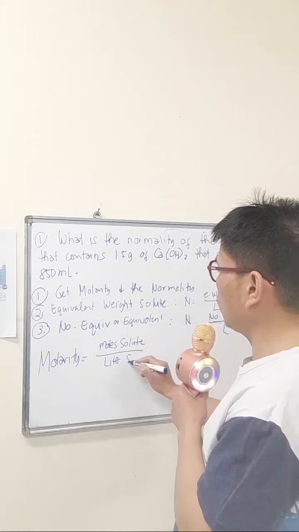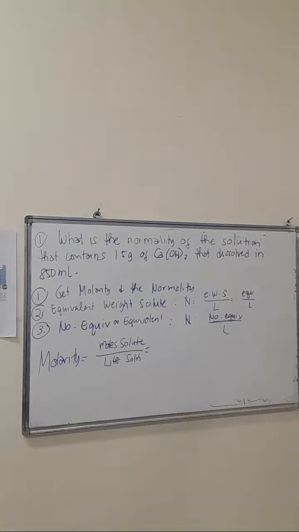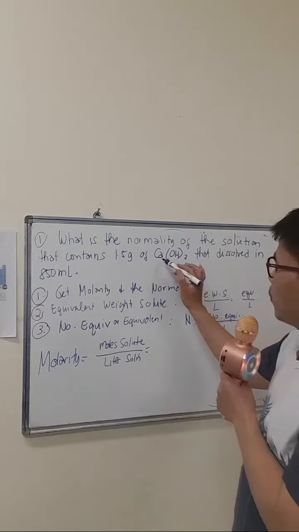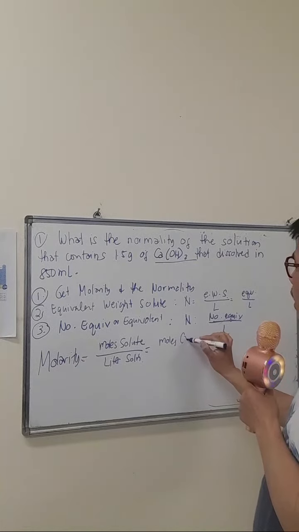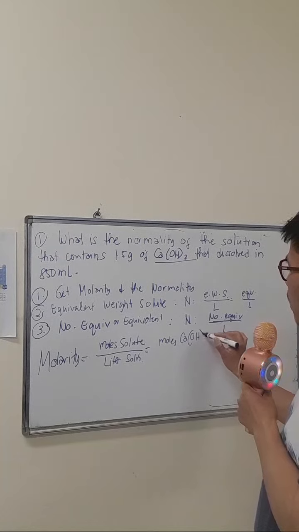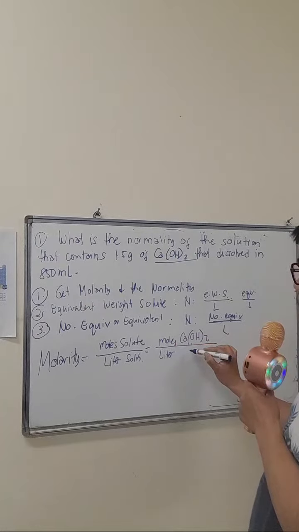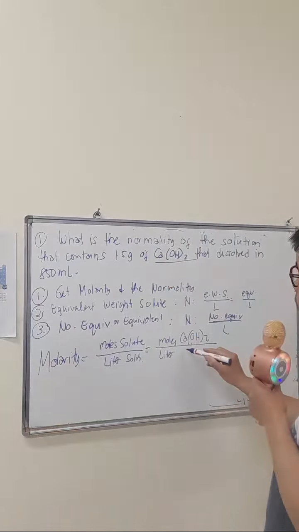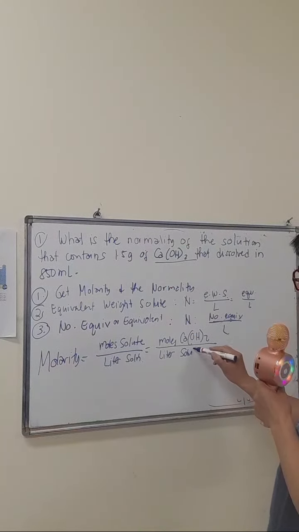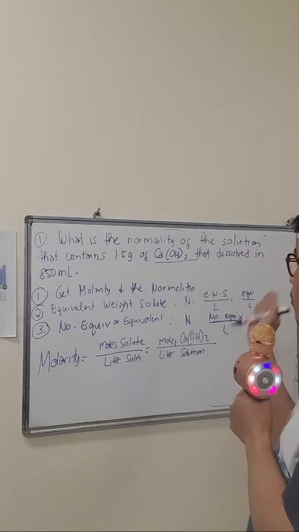Our solute here is, of course, calcium hydroxide, so it's going to be moles of calcium hydroxide over liters of solution, meaning calcium hydroxide plus water. But I just have to put solution because it's understood. Now, identify in the data what is given so that we can substitute directly.